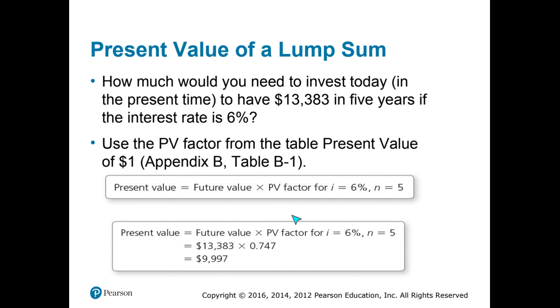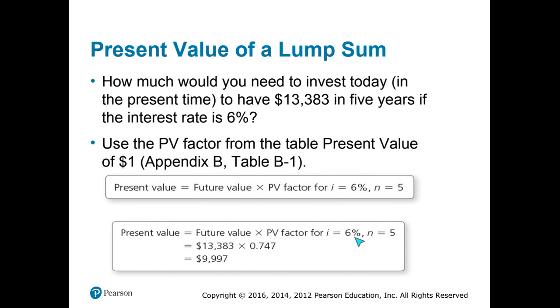All right, so we've got our factor. The factor is 0.747. Next we're going to use that to calculate the present value. To calculate the present value, we have future value times present value factor for I, where I is interest, equals 6%, and N, number of periods, equals 5. So we're going to plug everything into our formula.